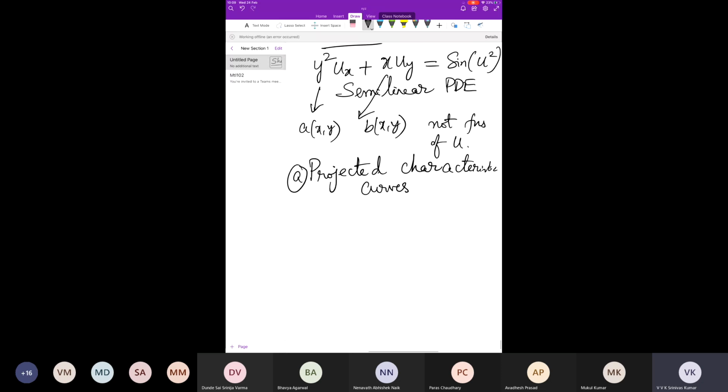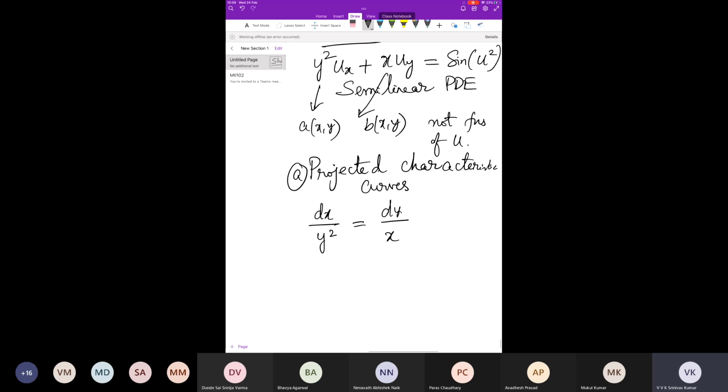Describe all projected characteristic curves. Just solve dx upon y squared is equal to dy upon x.